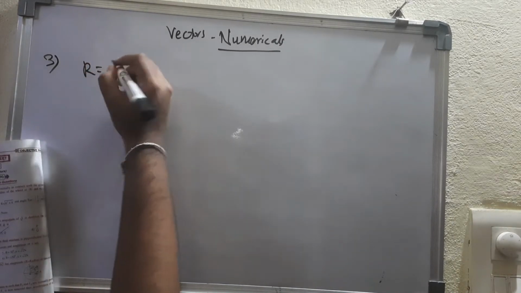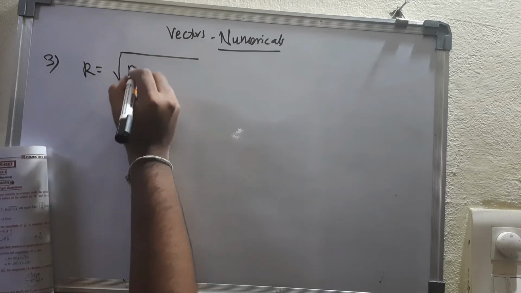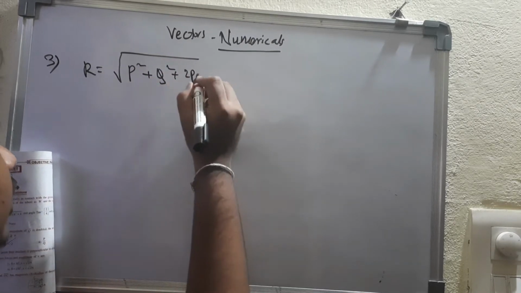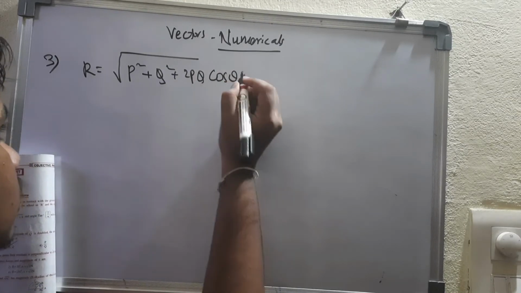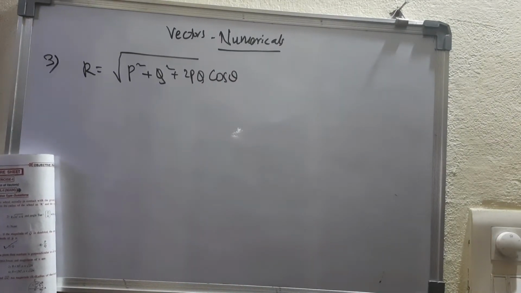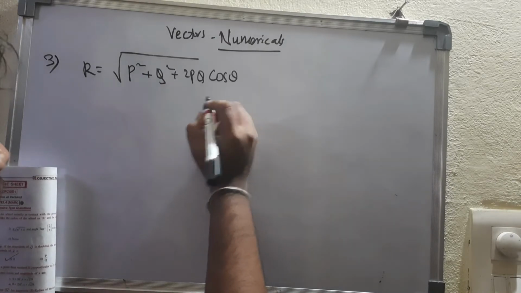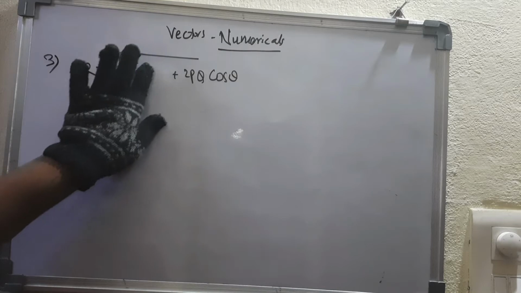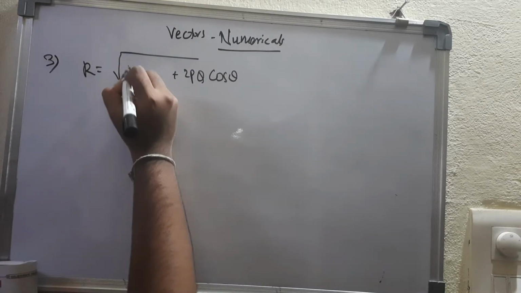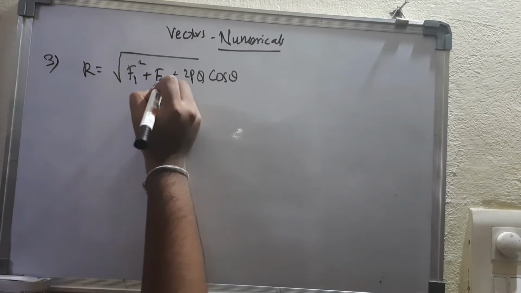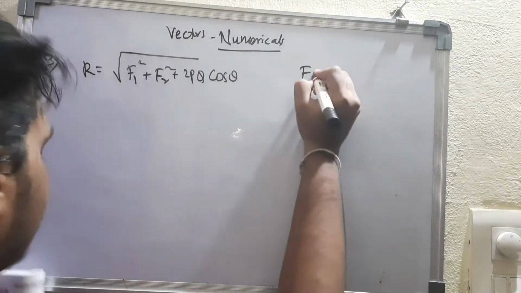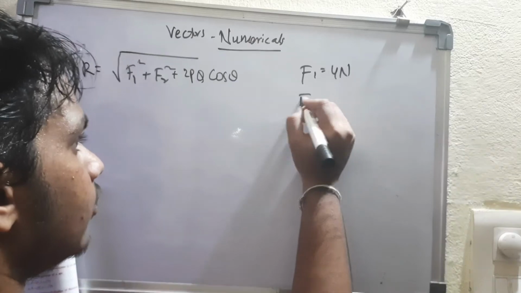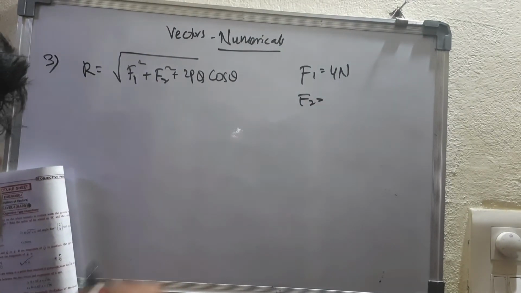Resultant is equal to the square root of, we know the formula, first write the formula: p square plus q square plus 2pq cos theta. Now, instead of p and q, we'll take F1 and F2, since we said two forces. F1 square plus F2 square, where F1 is 4N and F2 is 3N.